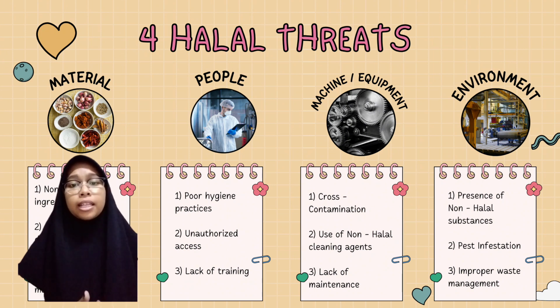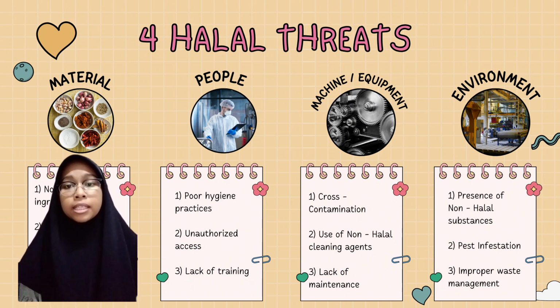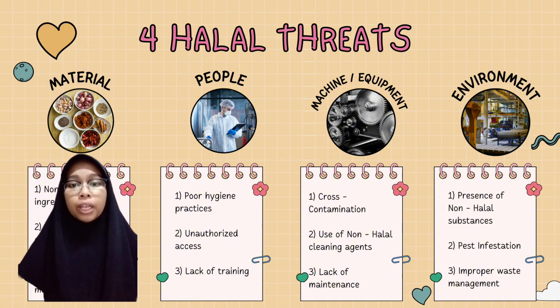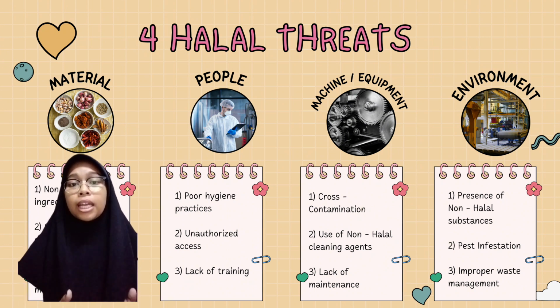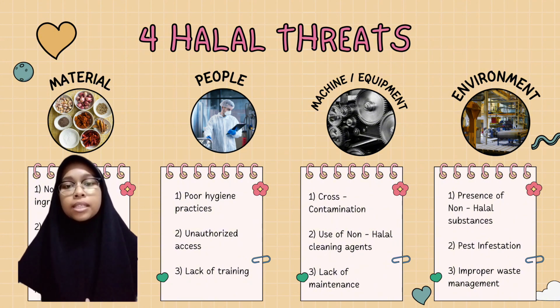The last halal threat is environment. The environment can also be halal threats. For example, when the premise has a presence of non-halal substances in the premise area. Next, environment can also be halal threats when the premise has pest infestation. It is because presence of pests can lead to product spoilage and can also spread diseases.